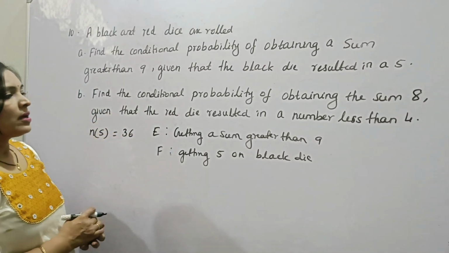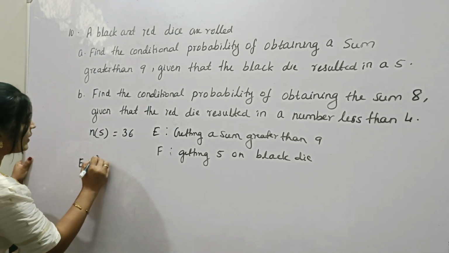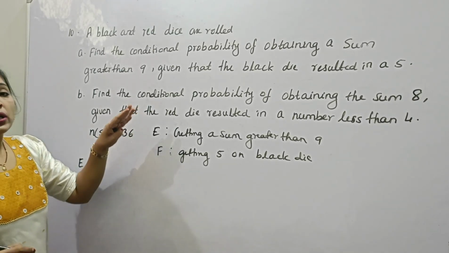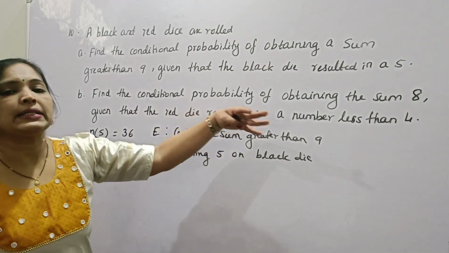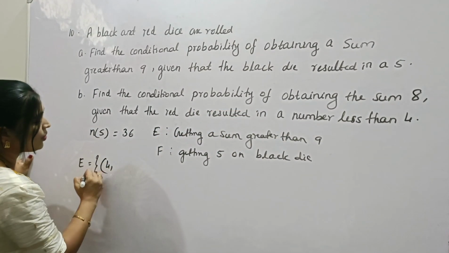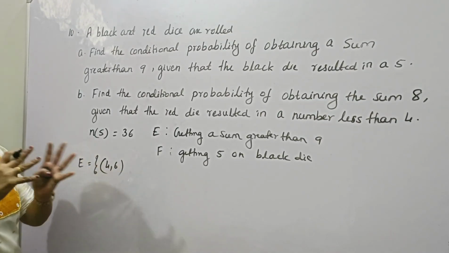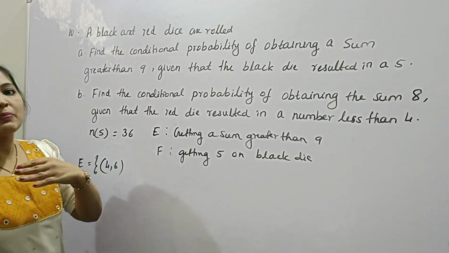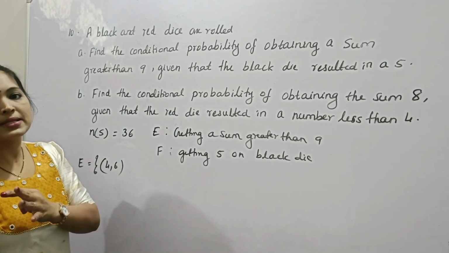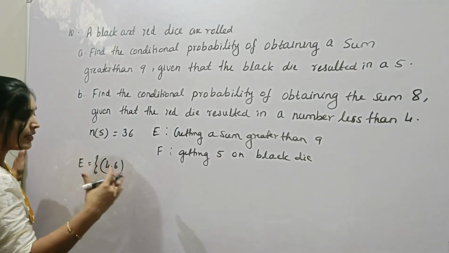So, for that, we have to write the possible outcomes of E and F. What are the possible outcomes of E? E is the event getting a sum greater than 9. That is 4, 6, right? Greater than 9 means starting from 10. See here maximum is 12, the last element is 6, 6, so 6 plus 6 is 12. So starting from 10, 10 to 12.